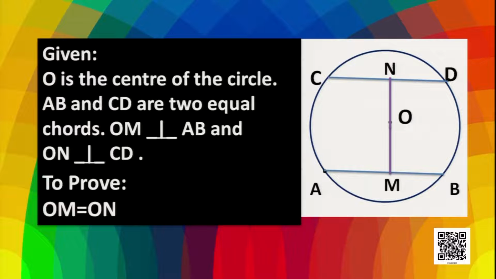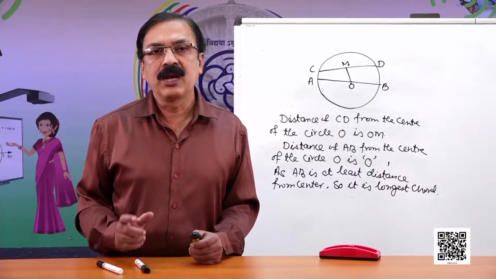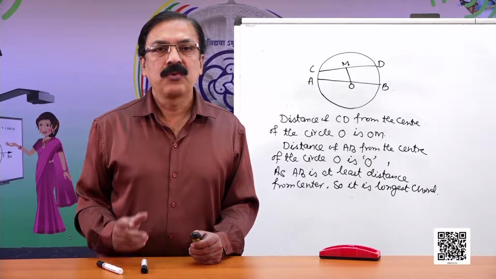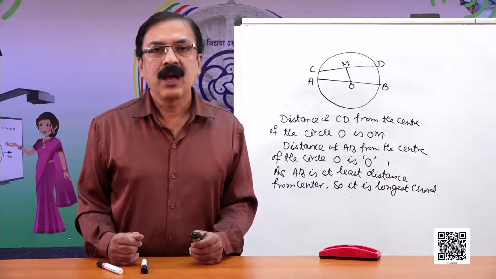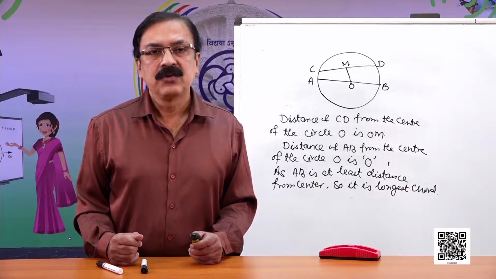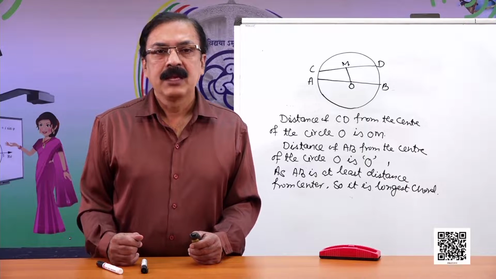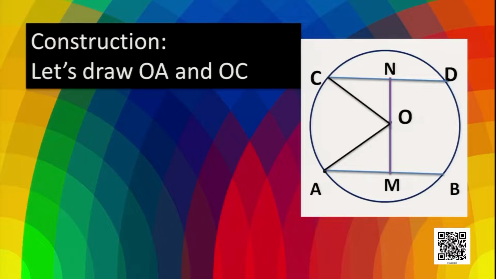So how to prove? Let's see. Here, to prove OM is equal to ON, we need two congruent triangles. For congruency, we have some constructions. What is the construction? Let's draw OA and OC. Now we have two triangles. Let's see whether they are congruent or not.